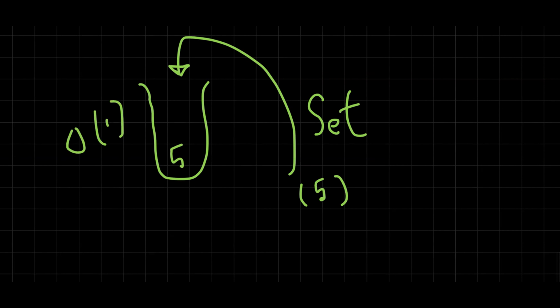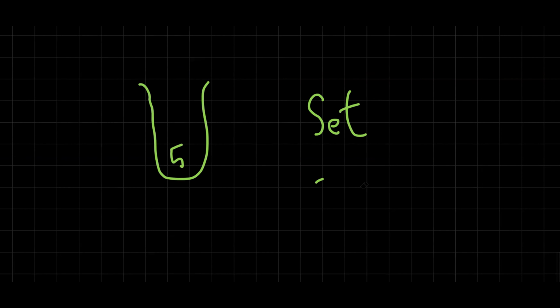Now, the second operation is the remove function. Here, suppose currently our set has several elements, let's say 1, 2, 5, 4, and so on. Now, we want to remove this element 5 from our set.